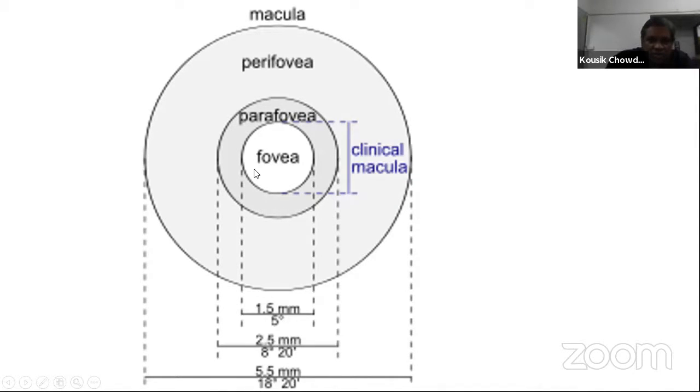This is fovea. The center portion of the macula is called fovea. It is 1.5 millimeter in diameter, and the parafoveal region is 2.5 millimeter, and overall macula is 5.5 millimeter. It is clinical macula.